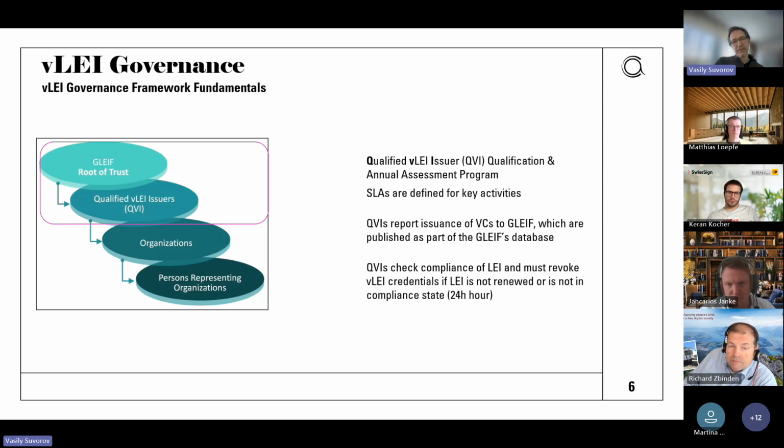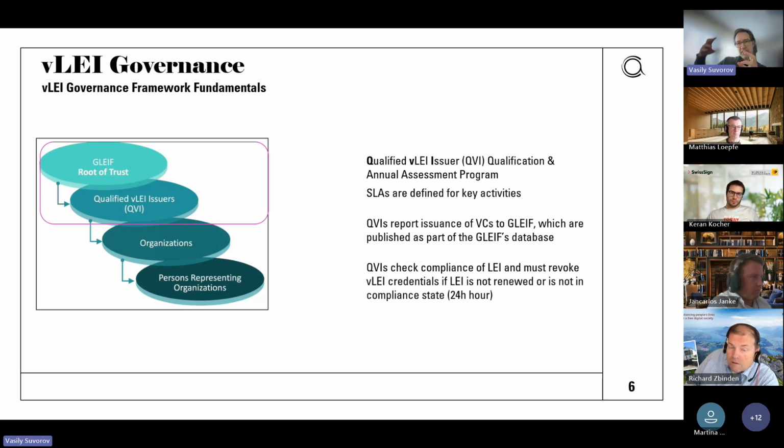But just to summarize for us, the qualified vLEI issuers, and again, remember, GLEIF is doing the same thing that they've done for LEIs, where they have the federated programs, where they qualify the local operational units that issue LEIs. For example, in Switzerland, the Bundesamt für Statistik, the Federal Office for Statistics, is one of the operating entities.